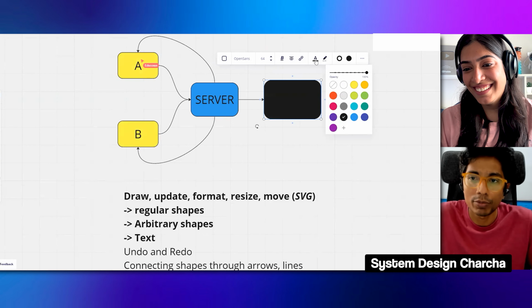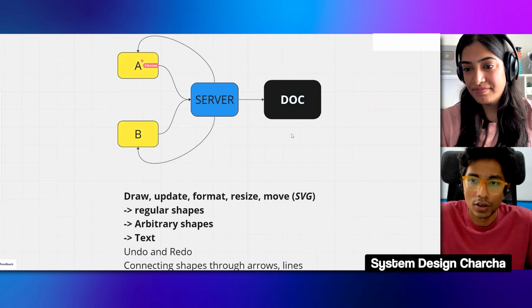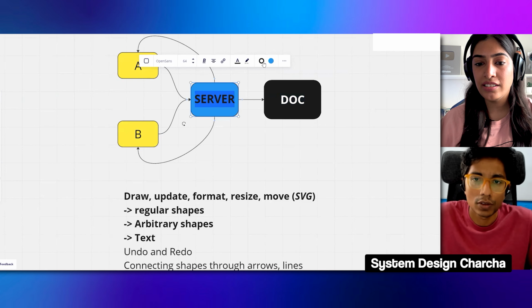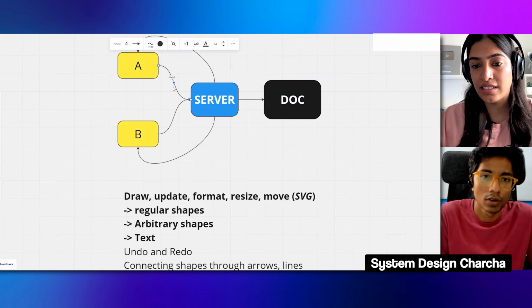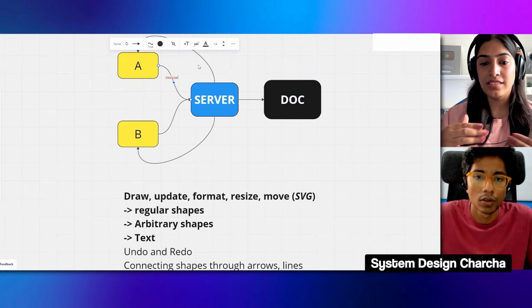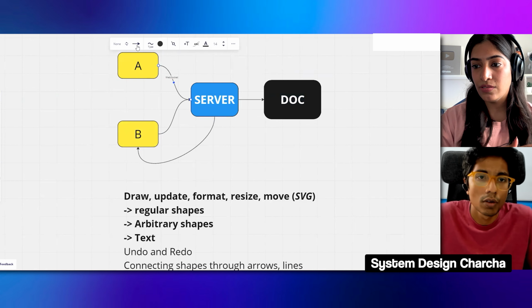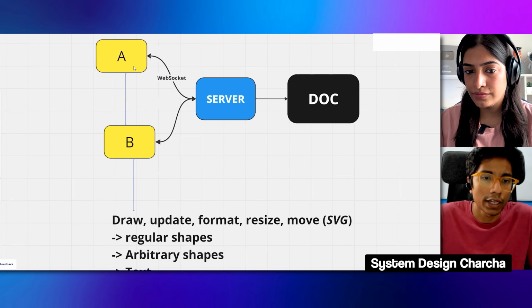We are going to have WebSocket connections here. So basically A will be connected by a WebSocket duplex connection with the server, and similarly B will also be connected by a WebSocket duplex connection with the server. So as any of them make the changes, the server can basically tell the other one that, okay, these are the changes. We'll use a WebSocket connection here.